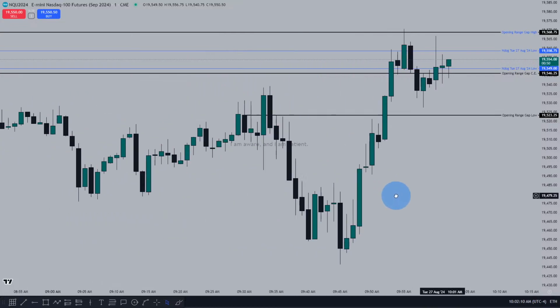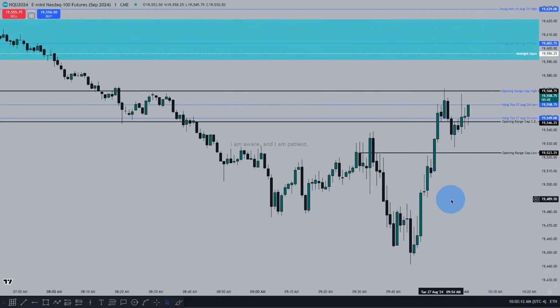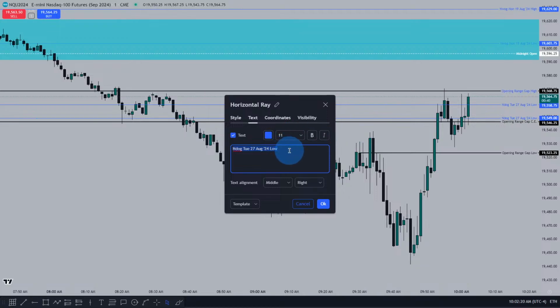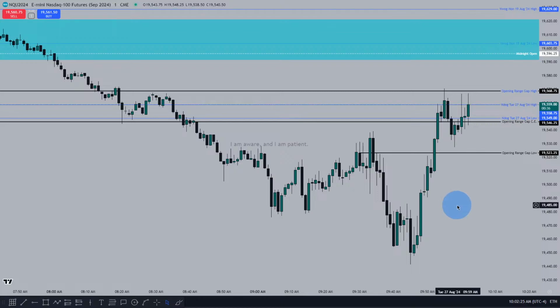Nothing in my favor is happening. Just kind of consolidating around. We're back in that opening gap, which was supposed to be high.